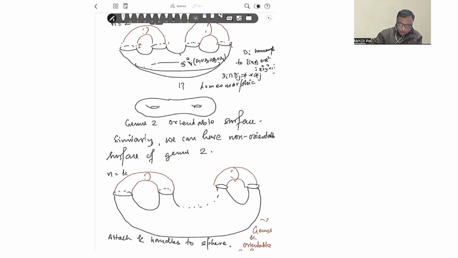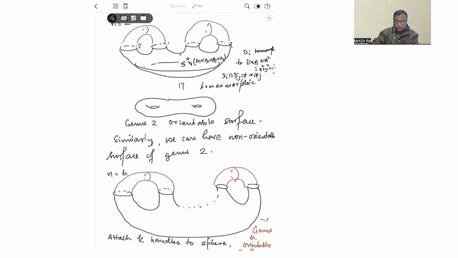So on the sphere you make 4 holes, and now again you attach 2 handles, one here and another one here.